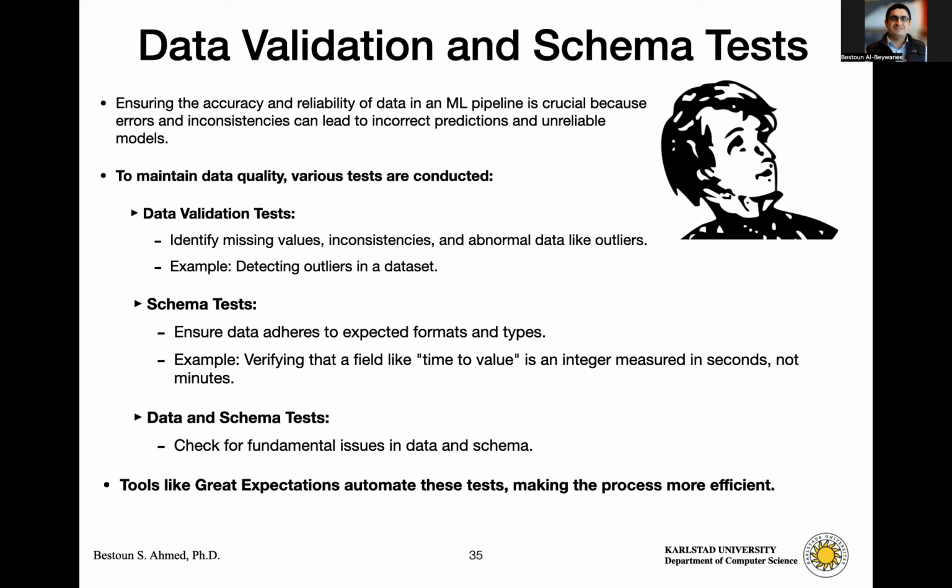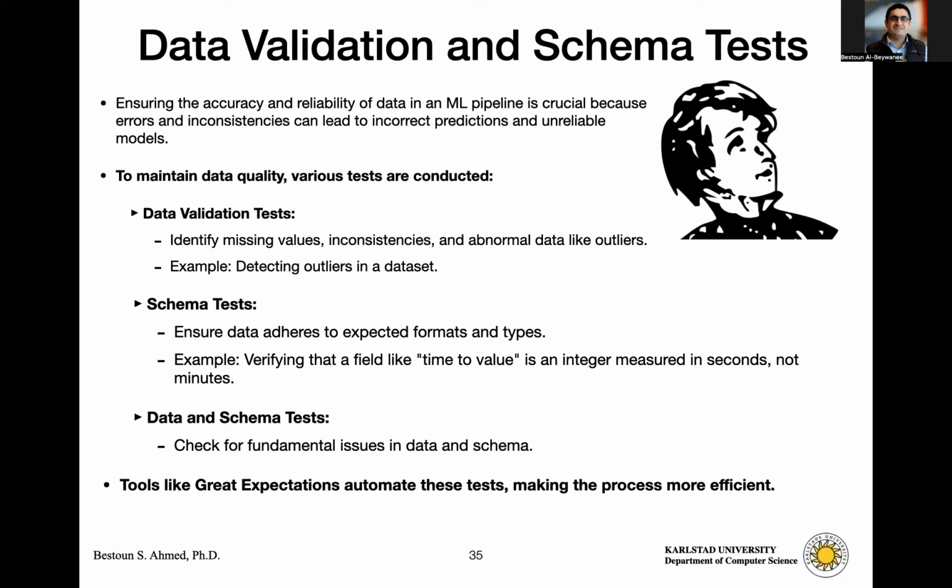There are tests for this. You can see this logo. This logo is for a tool called Great Expectations. It is a very good and great tool for testing the data, for data validation.